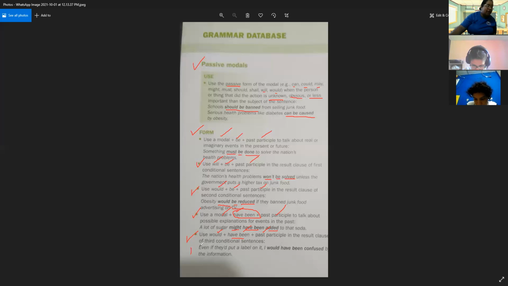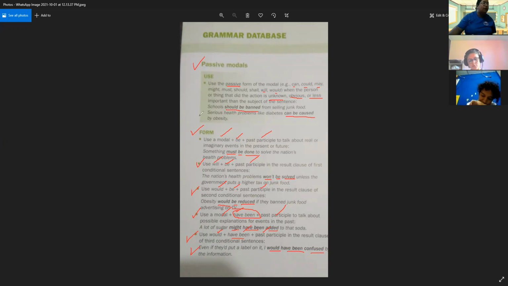Ejemplo, even if they had put a label on it, I would have been confused by the information. Okay, here I have the modal would, I have the form have been, and I have my verb in past participle. Inclusive, si ellos hubiesen puesto una etiqueta en ella, yo me hubiese confundido con la información.